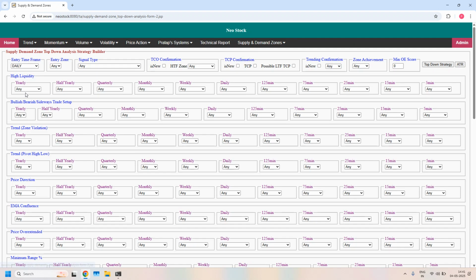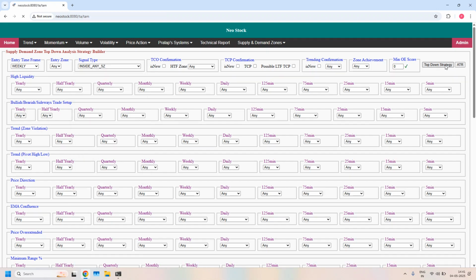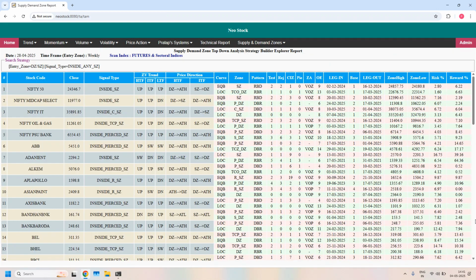Okay, next, weekly time frame. Price closed inside the weekly supply zone. First 15 stocks in the list. We got a big list. I am scrolling the list down.